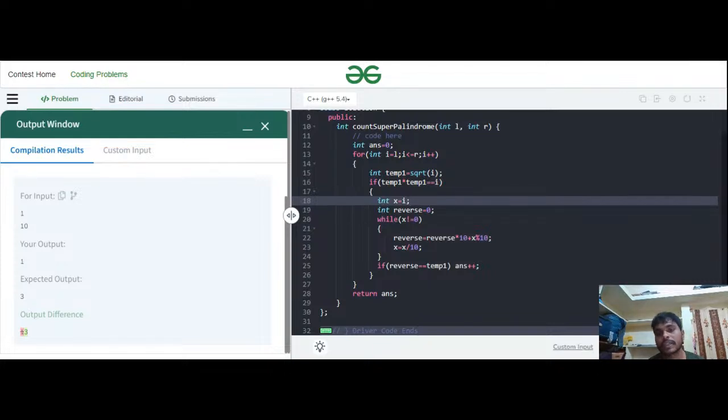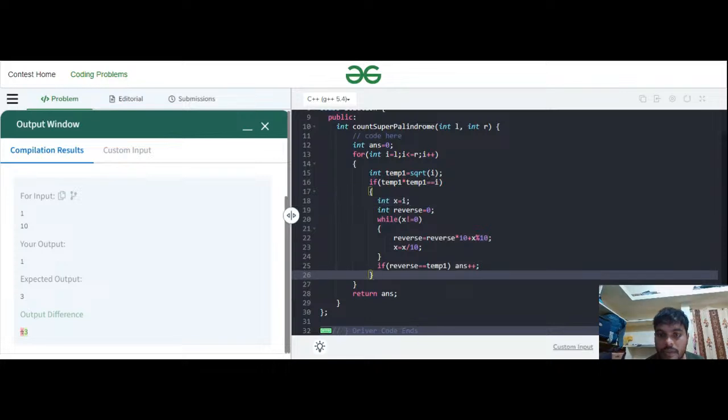We have to check that the number is a palindrome, x is equal to temp 1. If temp 1 is equal to int, reverse is equal to reverse into 10 plus x percentage 10.